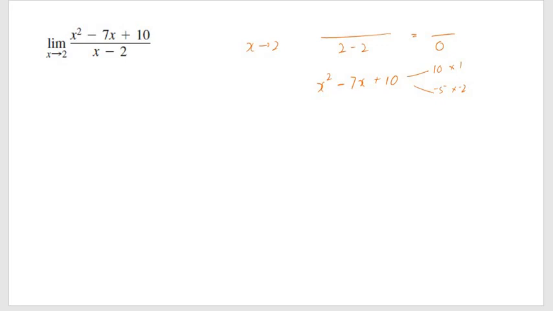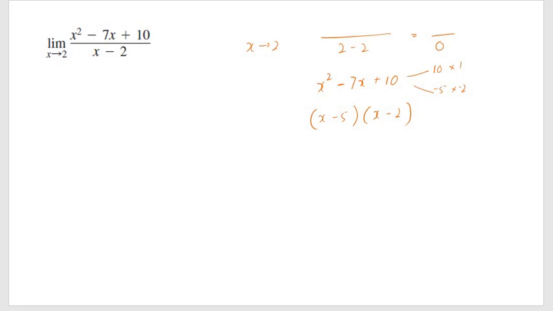That's correct. And minus 5 plus minus 2 is minus 7. So the middle term is satisfied and the third term is satisfied as well. So let's write the function as factors x minus 5, x minus 2.